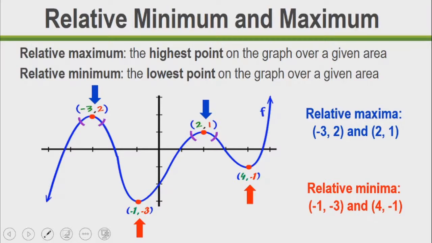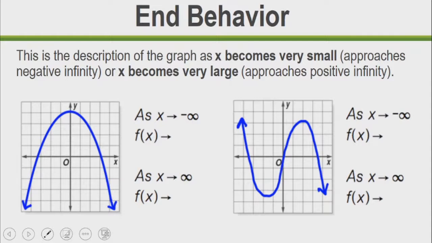When we are talking about end behavior, we are trying to describe the graph as the value of x becomes either very, very small or very, very large. We are just describing how the graph actually ends. That's why we call it end behavior. As x tends to -infinity, in this particular example, you can see that y is decreasing too, and is tending towards -infinity.